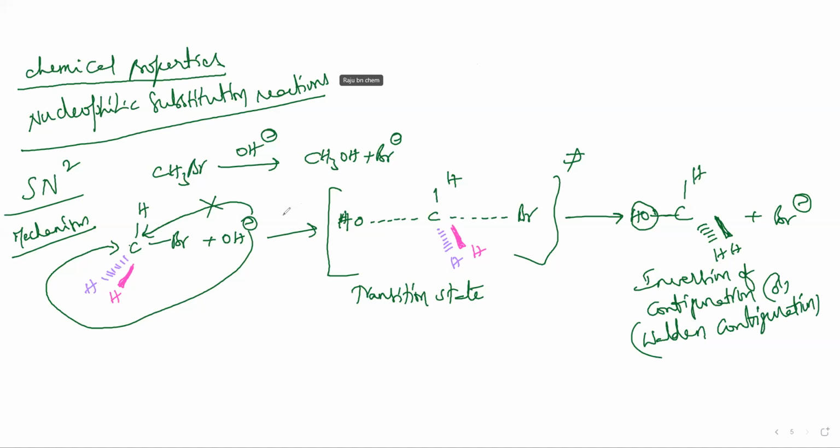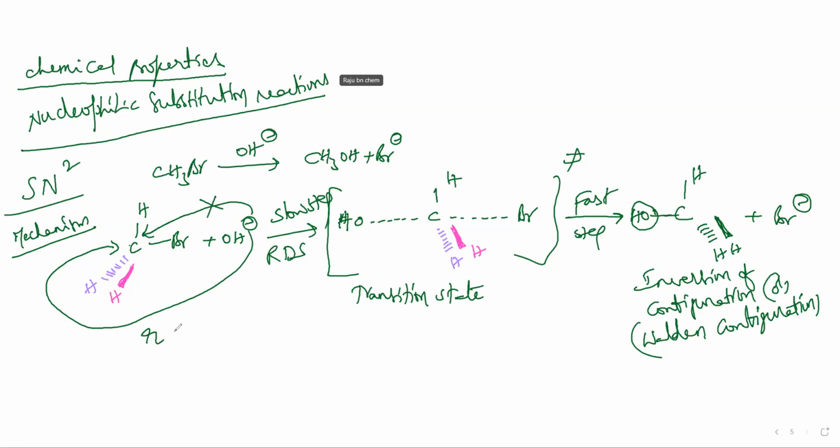And here, this is a slow step. It's the rate determining step. RDS means rate determining step. This is a fast step. Now, in the rate determining step, both substrate as well as nucleophile are present.